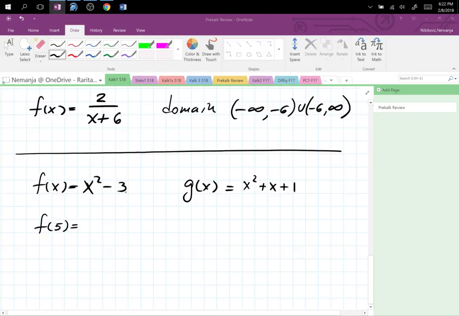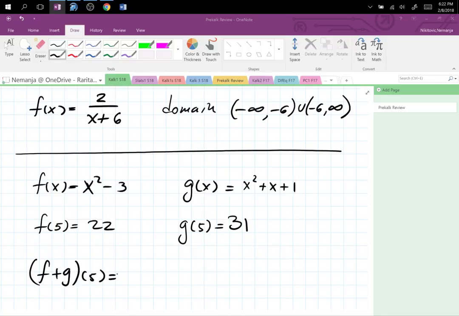Well, you will say 25 minus 3 is 22. And over here, g of 5, you will say 25 plus 5 is 31. Now, I can ask you, what is f plus g of 5? Since you calculated each one independently, you can just add those answers and get 53 and be done with everything.